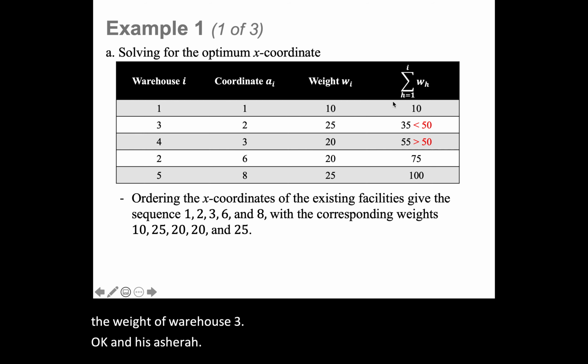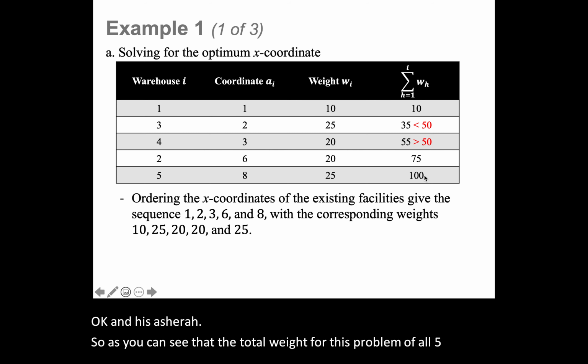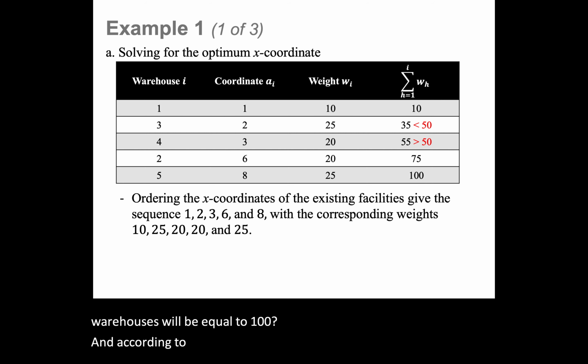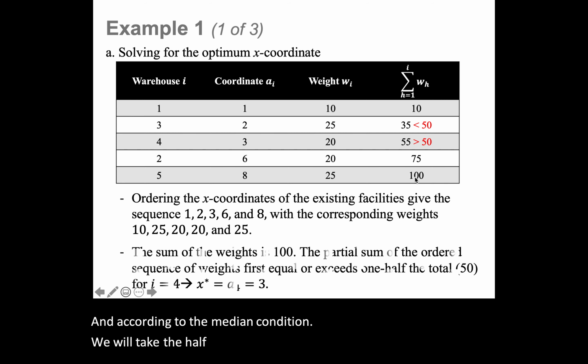So as you can see, the total weight for this problem of all 5 warehouses will be equal to 100. And according to the median condition, we will take half of 100, which is 50. Okay.